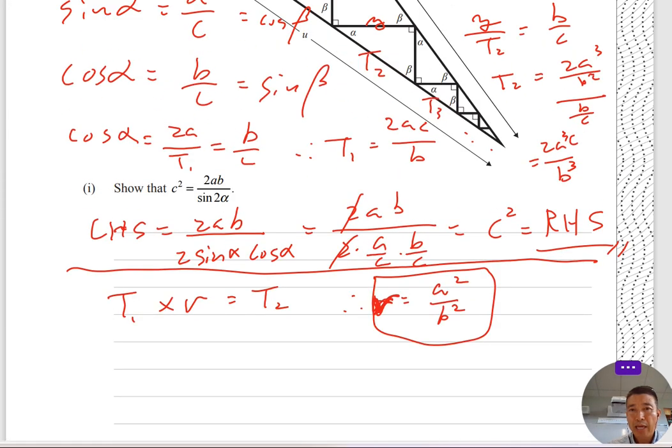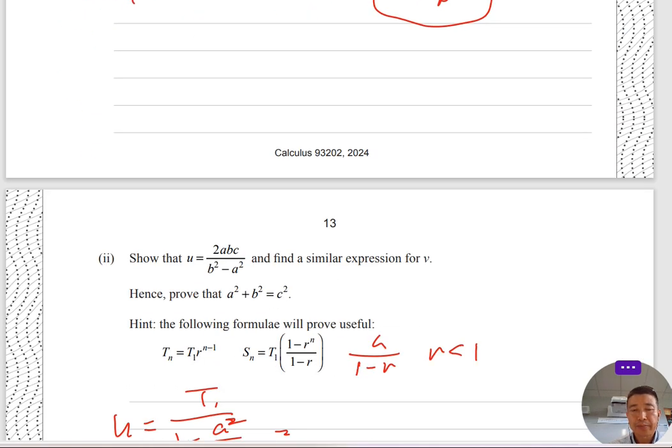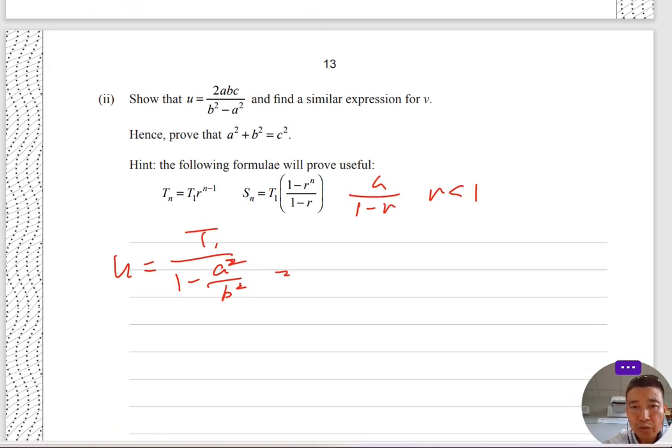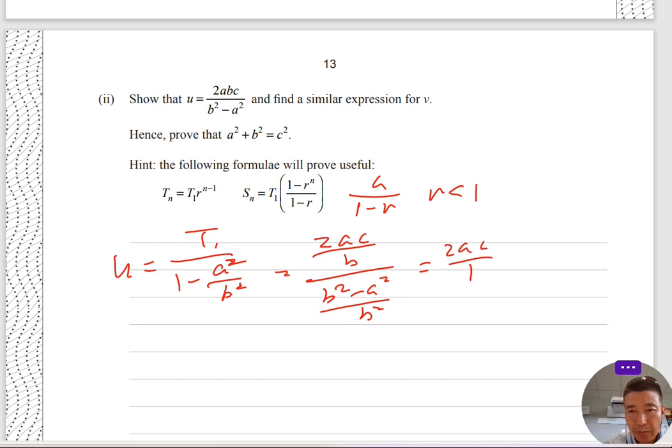T1 was 2AC over B. So if I simplify this, over B squared minus A squared over B squared, it's 2AC over B times B squared over B squared minus A squared, isn't it?